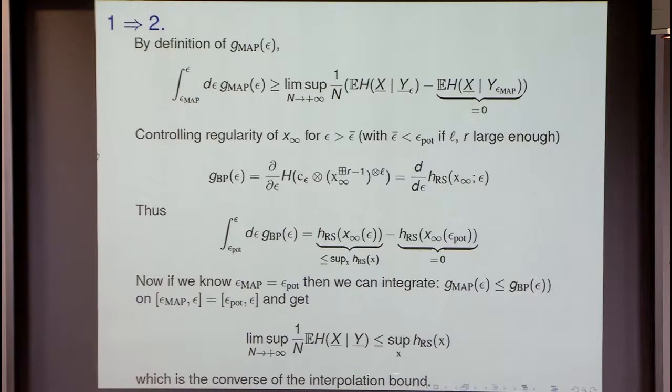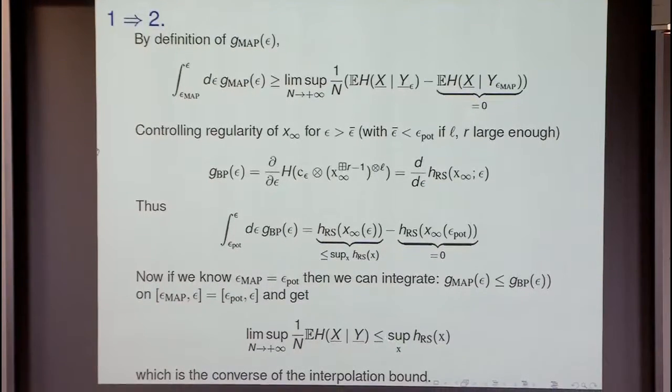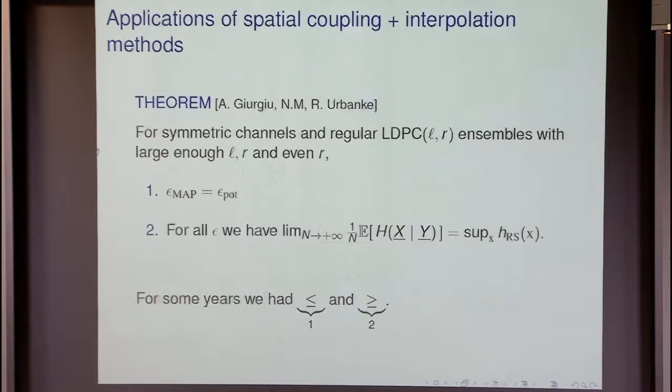You get exactly the converse of the interpolation bound. So we are happy, because since we have this bound and the converse, which is the interpolation bound, we have the equality. Okay, so I just showed why 1 implies 2.